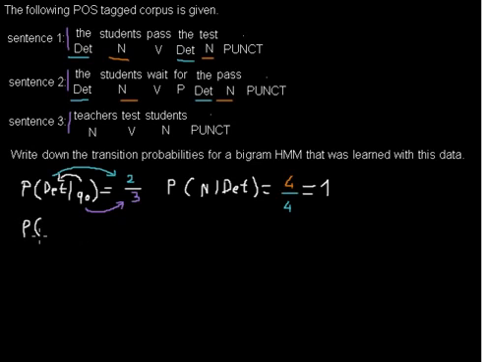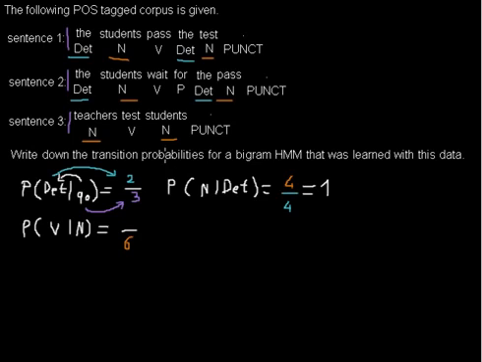The next probability, that's where we are here, we have a noun, and it's followed by a verb. So let's see how probable that is. Let's first take the number of our nouns, which is 1, 2, 3, 4, 5, 6.